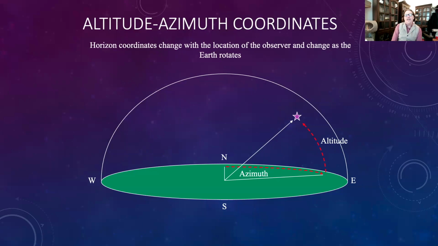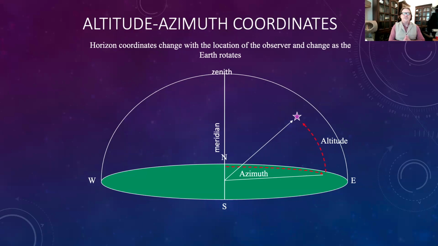Azimuth is the angle from north going through east to south to west back to north. That is the angle of azimuth. That essentially tells you what direction along the sky, in a roundabout sort of way, that is. And so those two angles make up the alt-az coordinate system.